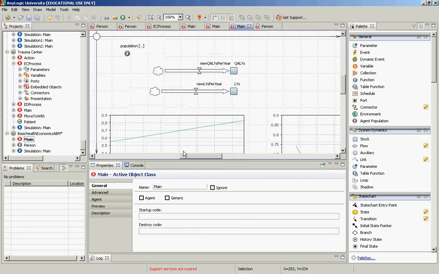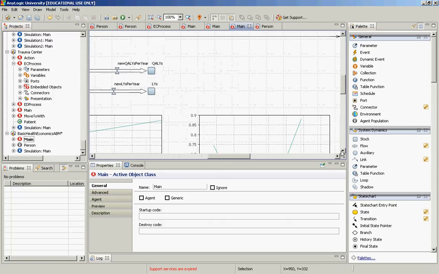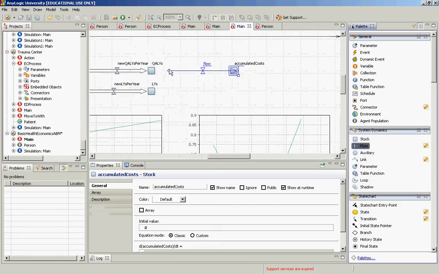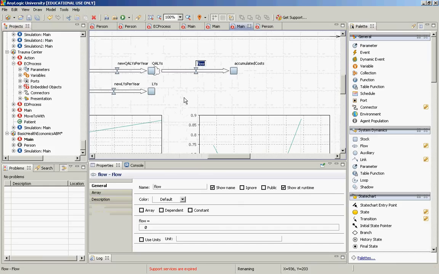So here we have an accumulated cost stock. Accumulated costs, and we're going to create a flow into this. So new costs.